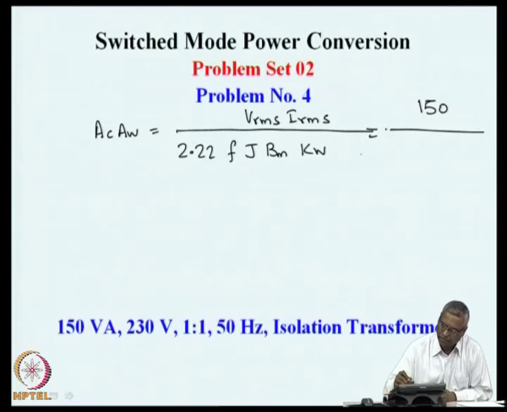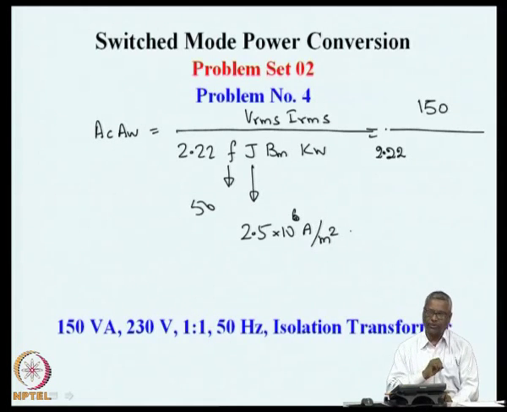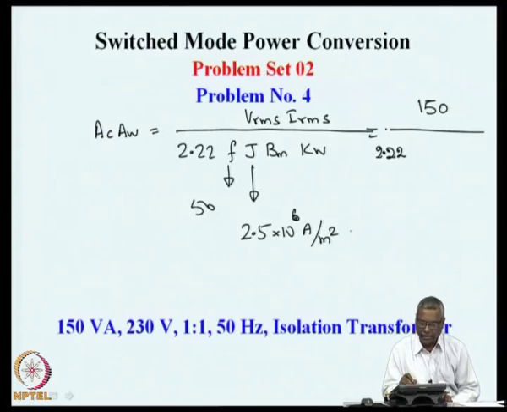We might take frequency as 50, the current density as 2.5 into 10 power 6 ampere per meter square, that is, 1 meter square of copper conductor can carry a current as high as 2.5 into 10 power 6 amperes.